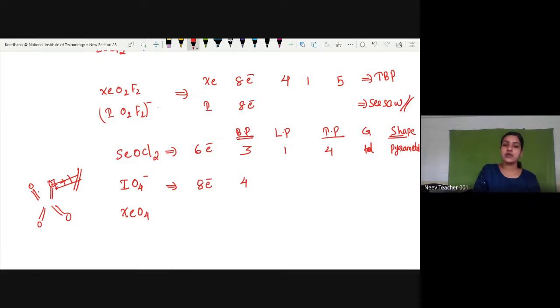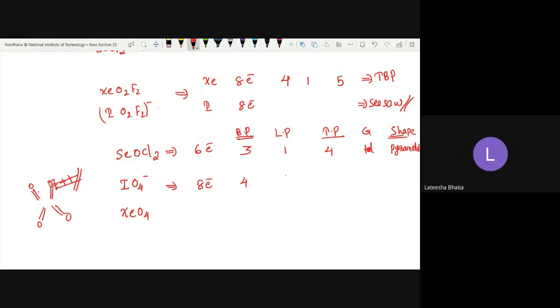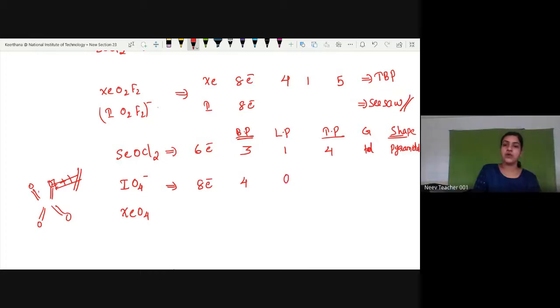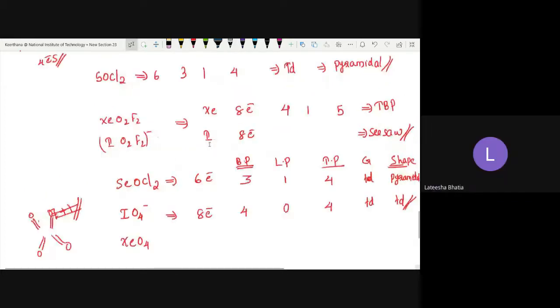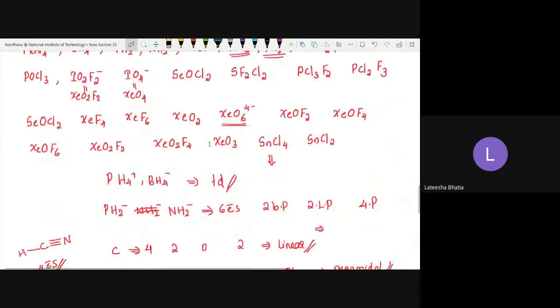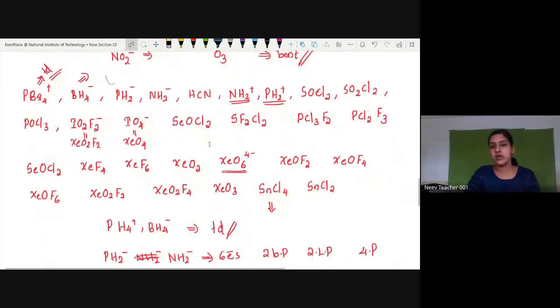So the number of lone pairs will be 0. So total pair 4. So the geometry and shape will be tetrahedral. Is it clear?